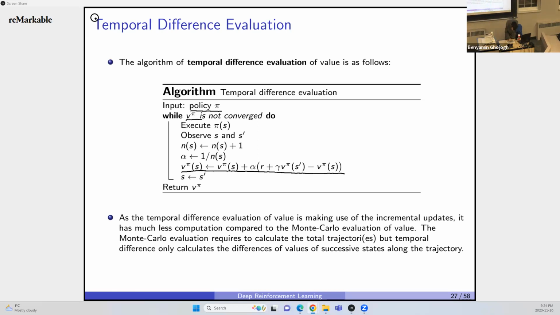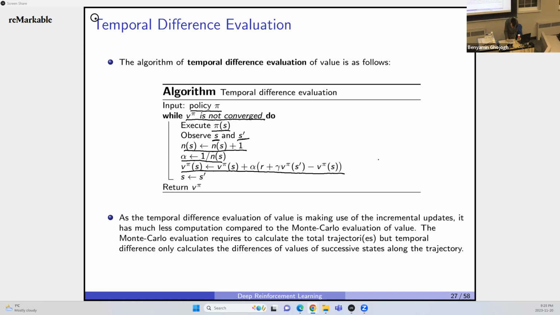While the value has not converged, execute the policy. It gives you the action. So you have the state S, and by this action you get the next state S prime. Then you increment ns, the number of times that you saw state S. Then you set alpha, the learning rate, to be 1 over ns.